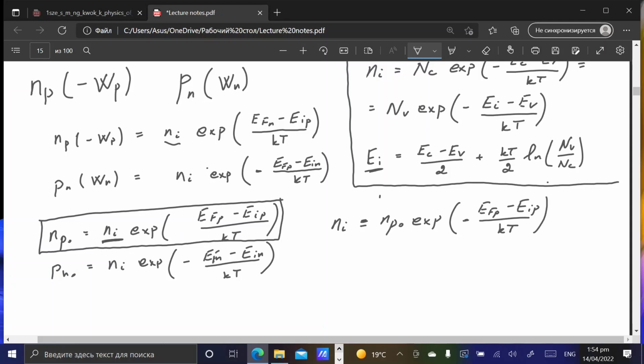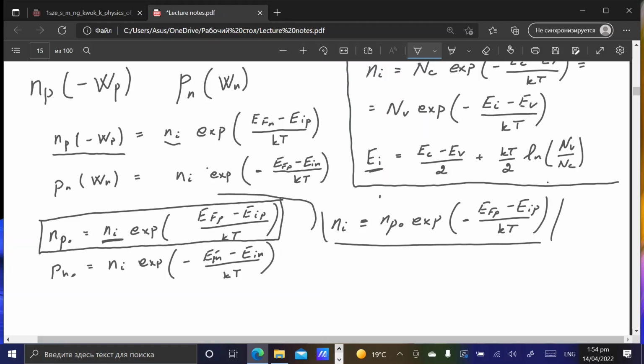And then we need to substitute this expression into the expression for the non-equilibrium charge carrier concentration of electrons at the edge of the depletion region in the p-type semiconductor.